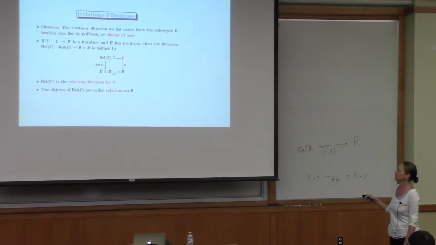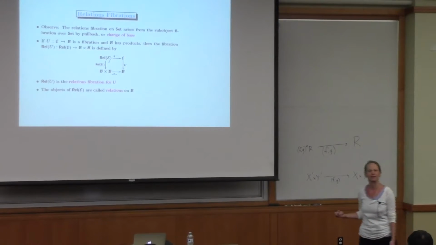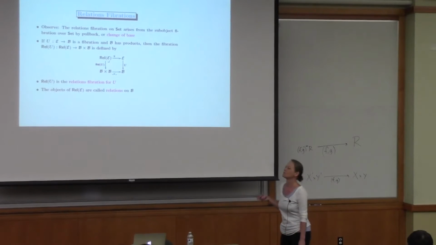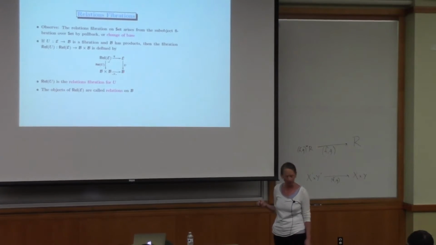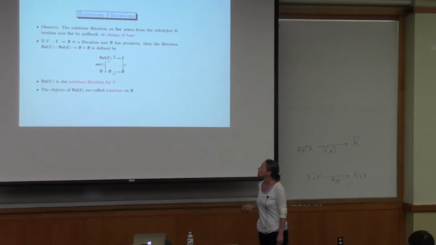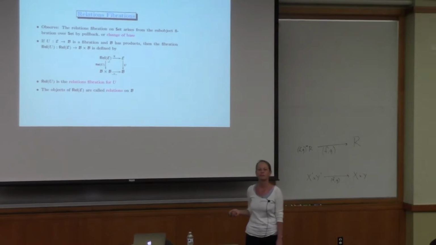So up here, I can think of my objects in E as predicates, things that might be true about objects down here in B. So I'm going to make a functor called a truth functor, something that talks about predicates, about what's true about objects in B. And then from that I'm going to construct my notion of equality, because a predicate on a pair is like an equality. So that's the idea.